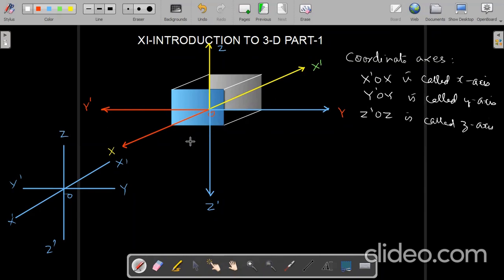So always you have to take x-axis like this. You should take y-axis like this and z-axis like this. Then you can easily understand. Correct?